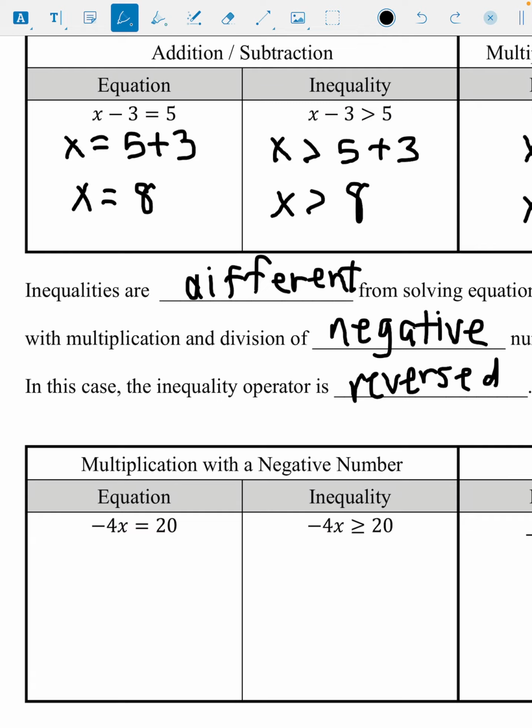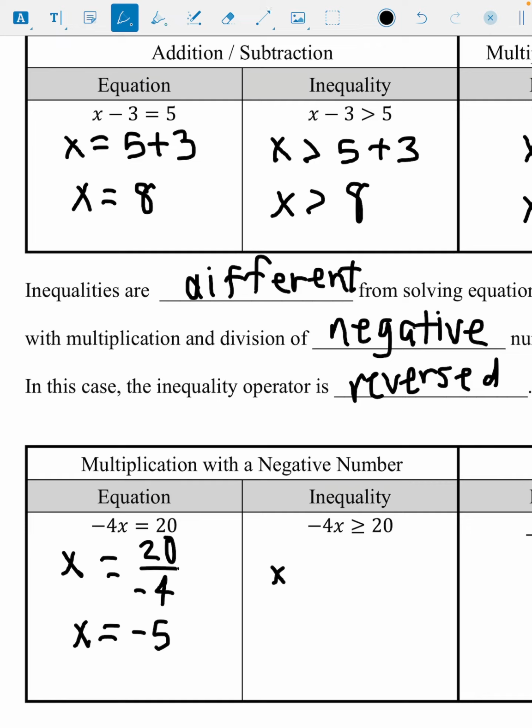So with an equation, you just solve it with the steps you've already known from the past 5 lessons. So x equals negative 20 divided by negative 4. So x equals negative 5. However, with the inequality, when we're dividing by a negative number, you have to remember to switch the inequality operator.